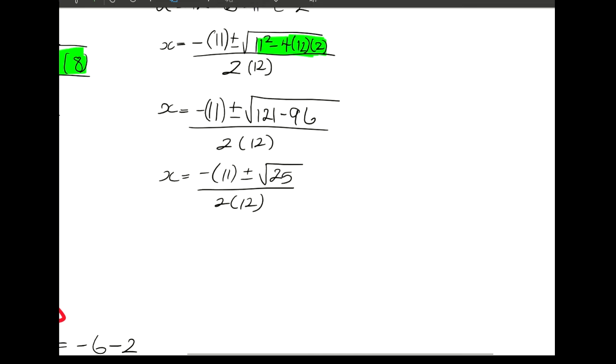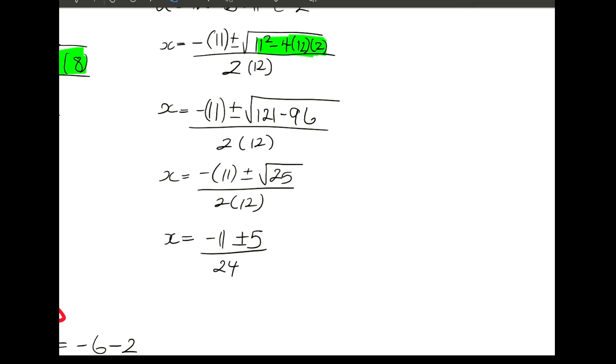And now we can also work on the rest of the formula. So this negative will change this 11 to make it negative 11. Plus minus, the square root of 25 is 5, and 2 times 12 is 24.